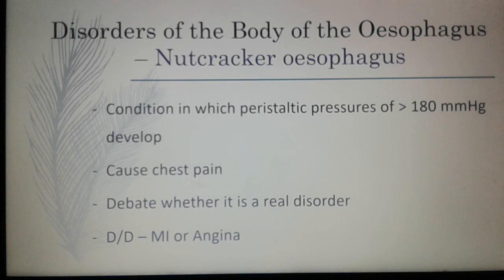Whether it's a disorder or not, it's intermittent. So the important thing is to always differentiate this condition from MI or angina or some other GI disorders. These differential diagnoses should be taken care of. Not much is known about the etiology and other aspects of this condition.